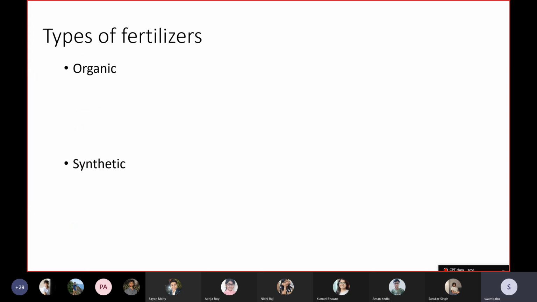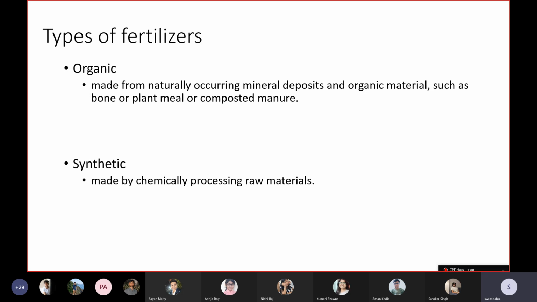So there are two types of fertilizers, organic and synthetic fertilizers. Organic fertilizers are made from naturally occurring mineral deposits, and also organic materials such as bone or plant meal or composted manure.